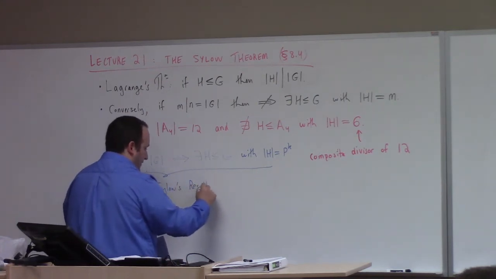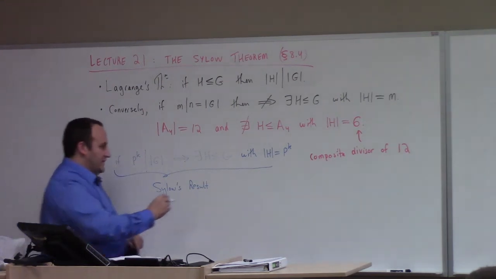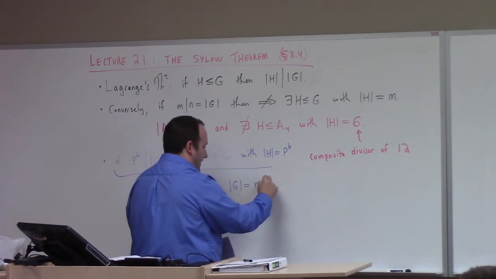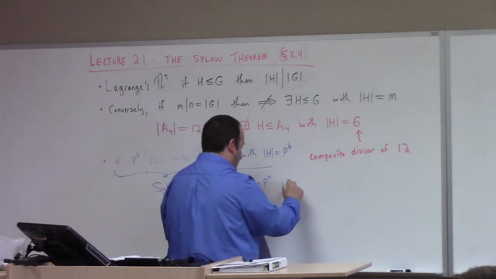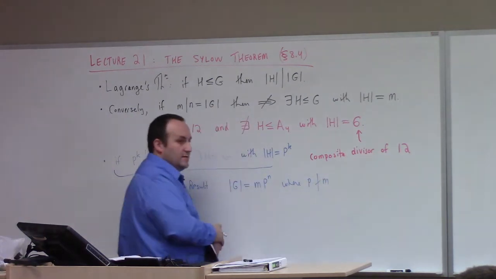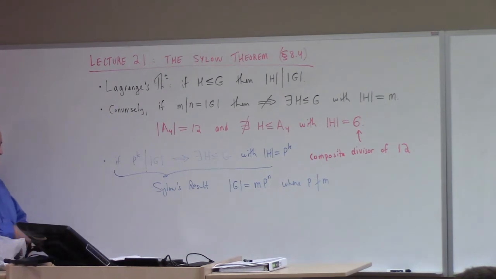To be more careful, Sylow's result actually was that if the order of G is equal to m times p to the n, where p does not divide m, then he proved there exists a subgroup of order p to the n, the case where the prime power was maximal.